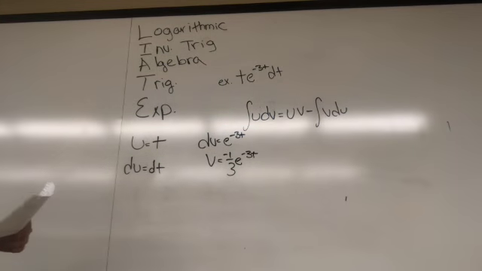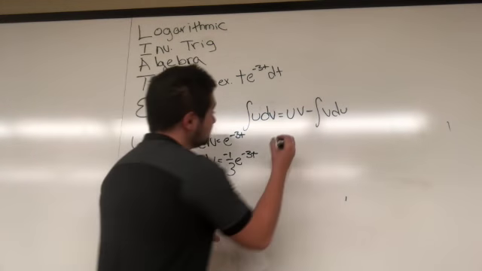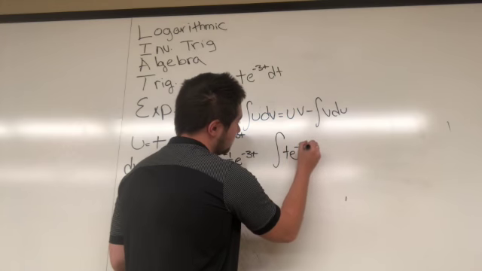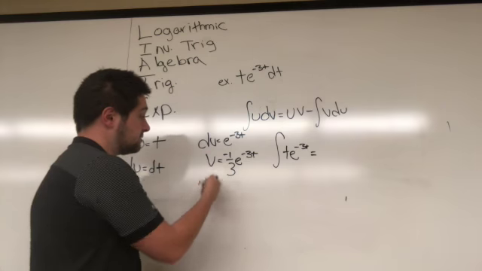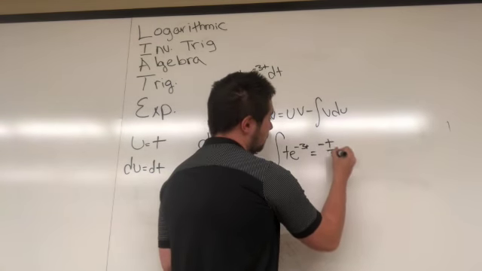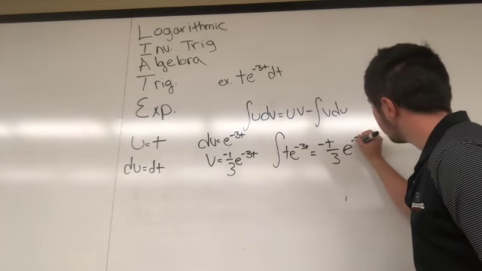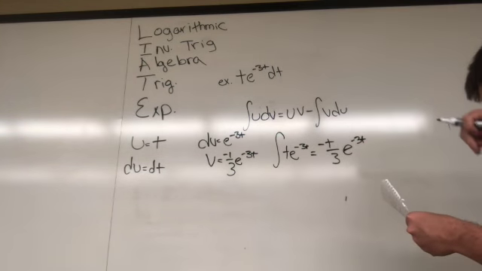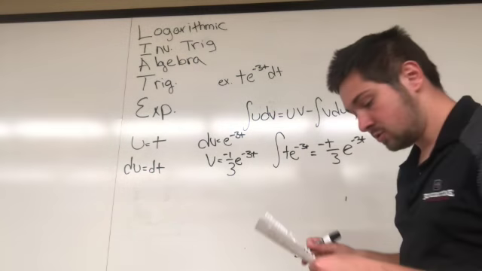All right, and then, once again, we'll plug it right into our equation, pretty straightforward. So the integral of t e to the negative 3t is equal to u, just t, times v. So just to get things combined right away, negative t over 3, e to the negative 3t, okay? Then it becomes minus, and once again, I'm just gonna go right in and incorporate the minus signs right away.